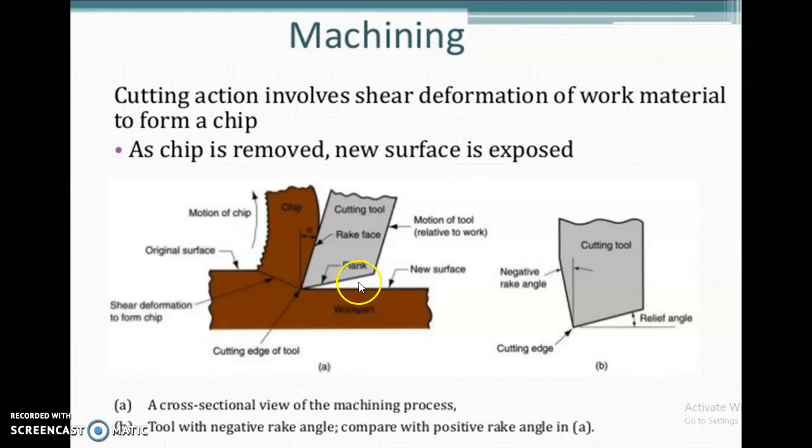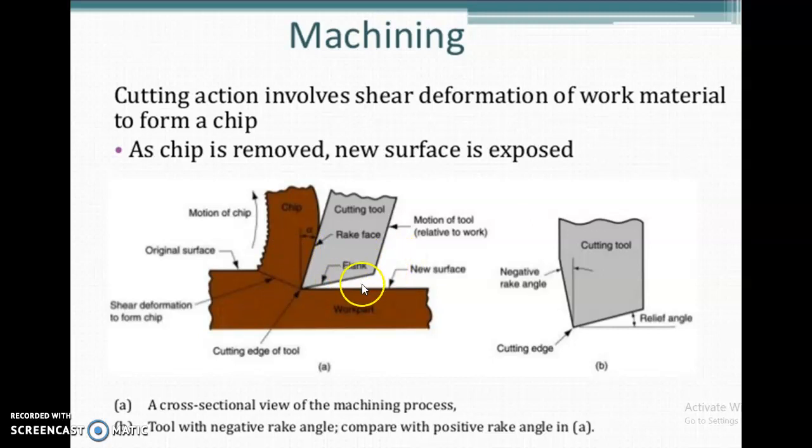Why is the relief angle given? If the relief angle is not given, the tool will be hitting the workpiece. While you move the tool towards the workpiece, what happens? It hits the workpiece. Only the cutting edge should be in direct contact with the workpiece, not the flank surface.